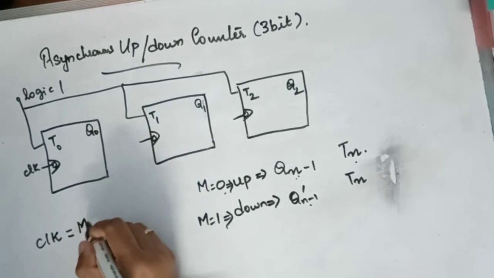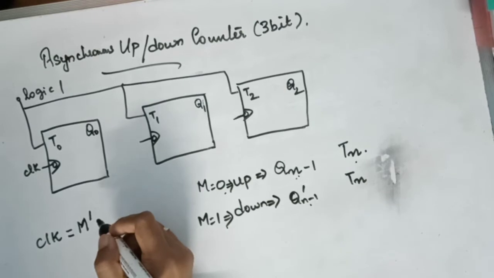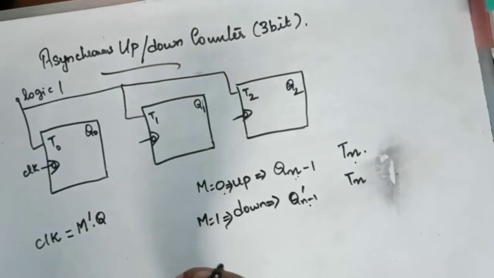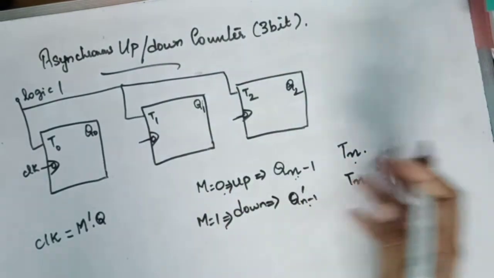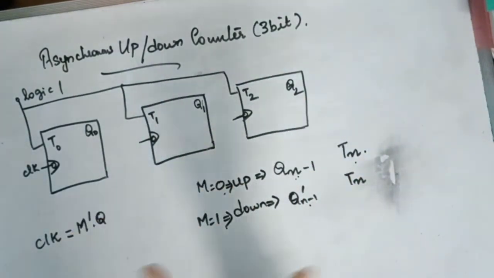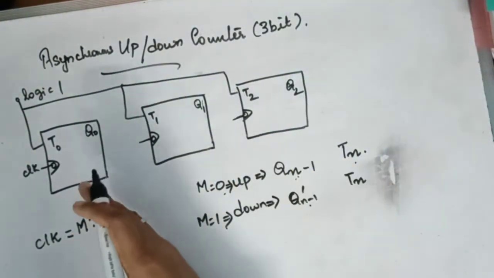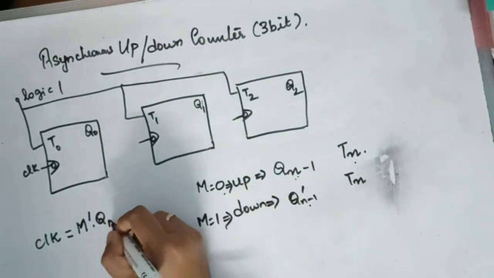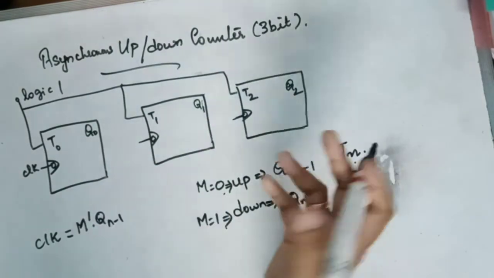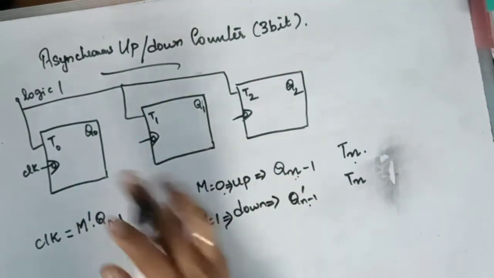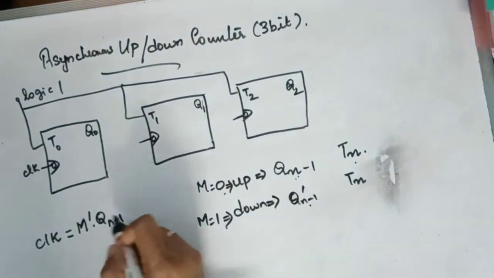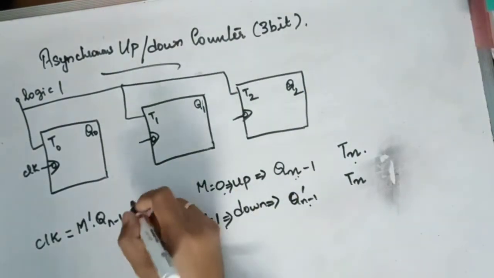If M is equal to 0, then the corresponding Q. I'm not writing it as Qn minus 1, I'm just writing it as Q. What I mean is the previous itself. Or to be very specific, you can write M bar Qn minus 1. If M is equal to 0, Qn minus 1 will clock it.